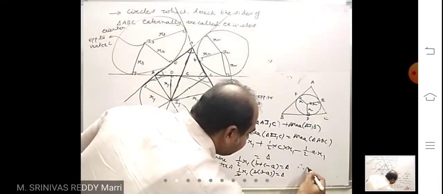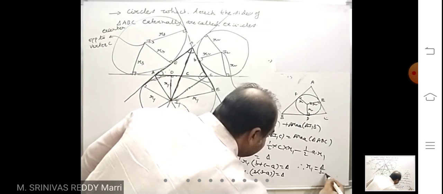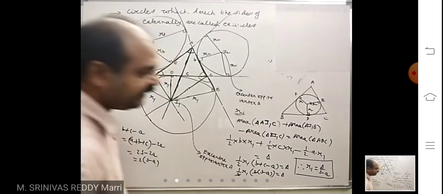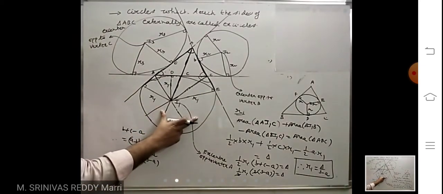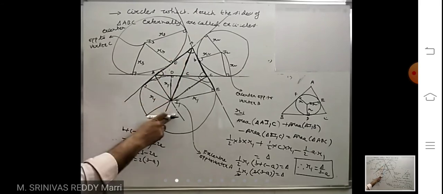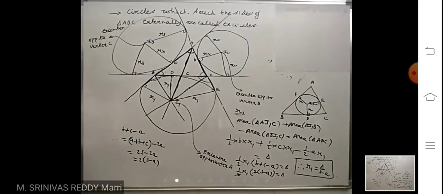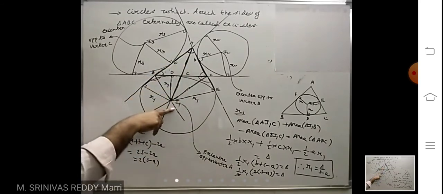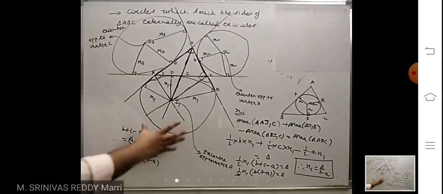Therefore, the formula you get is R1 equals delta by (s minus a). That means the radius of the excircle opposite to vertex A is delta by (s minus a).